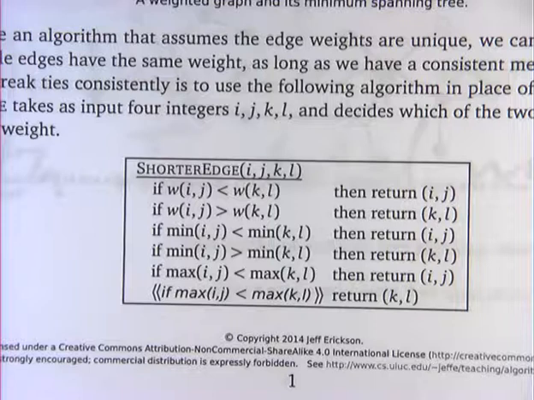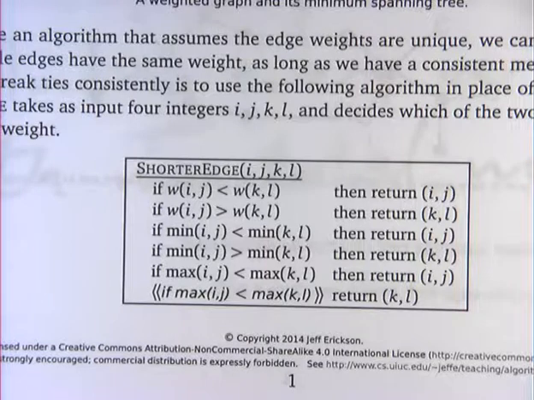Now, in the algorithm, if the actual edge weights are different, I'll return the correct edge as the one that's shorter. Right? So I assume there's some way of looking up the weight of an edge. Maybe these are really pointers into an adjacency list. Maybe these are indices into an adjacency matrix. I'll assume, because it's reasonable in the context of the algorithms, that I can figure out that weight in constant time.